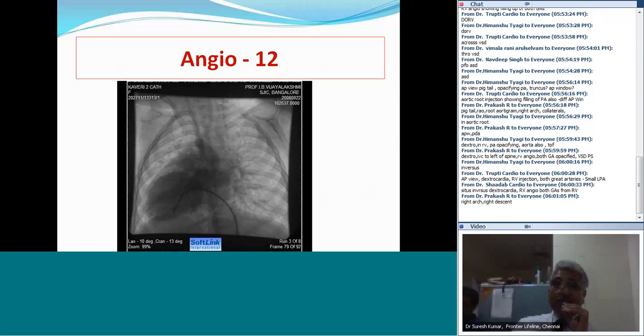So long QT1 is triggered by activities like swimming, diving, exercise, etc. Okay, long QT3. That's right. It's triggered by sleep. Long QT2. Auditory stimuli. So that's once again correct.